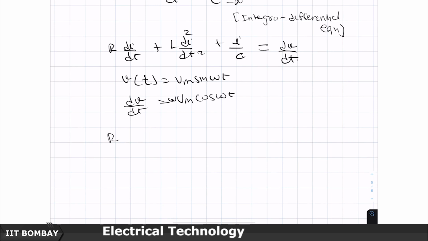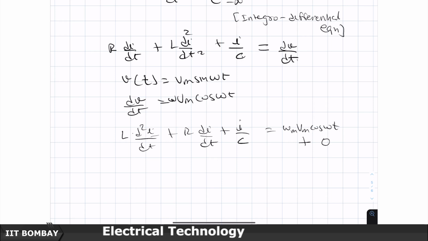So, this can be written as L d square I by dt square plus R dI by dt plus I by C equal to Vm omega cos of omega t plus a harmless 0.